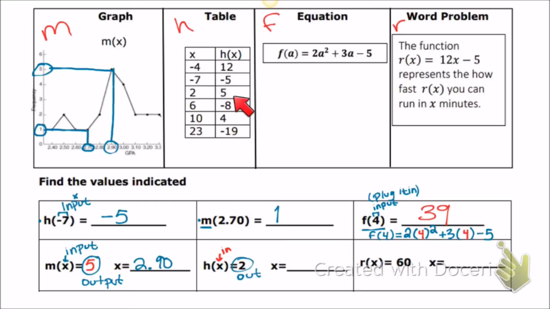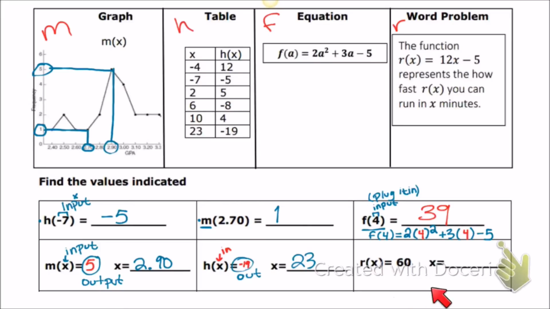So guess what, guys? We're going to have to change it again, and I apologize. Instead of H of X equal 2, let's do H of X equal negative 19. Alright, so we're going to go to where H of X is equal negative 19. That means that X is equal 23.